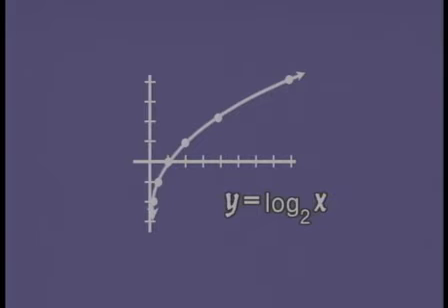And you'll notice we do have negative values of y, because when x is very small, like 1/5 or 1/10 or 1/100th, the log base 2 of a very small fraction is a negative number, since 2 to that negative number gives us a very small fraction.